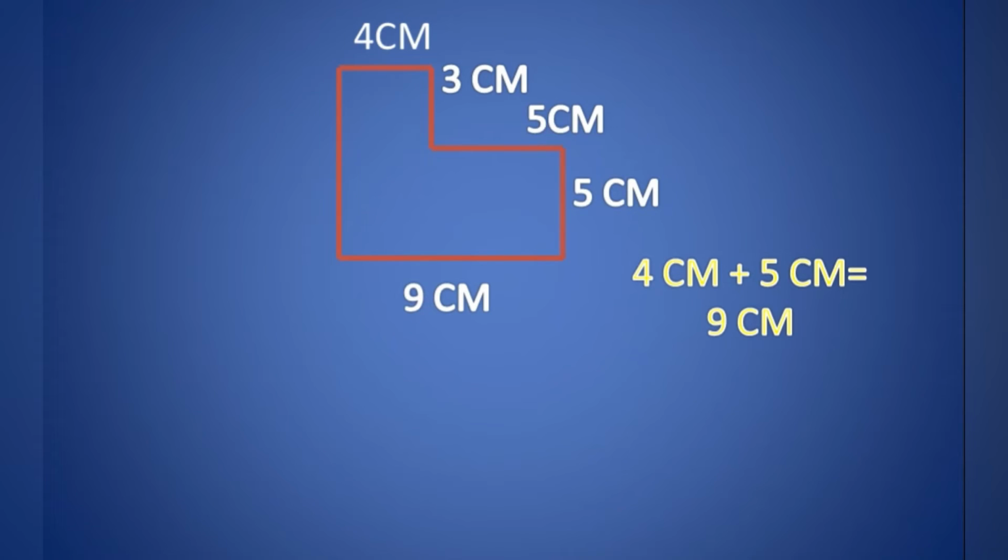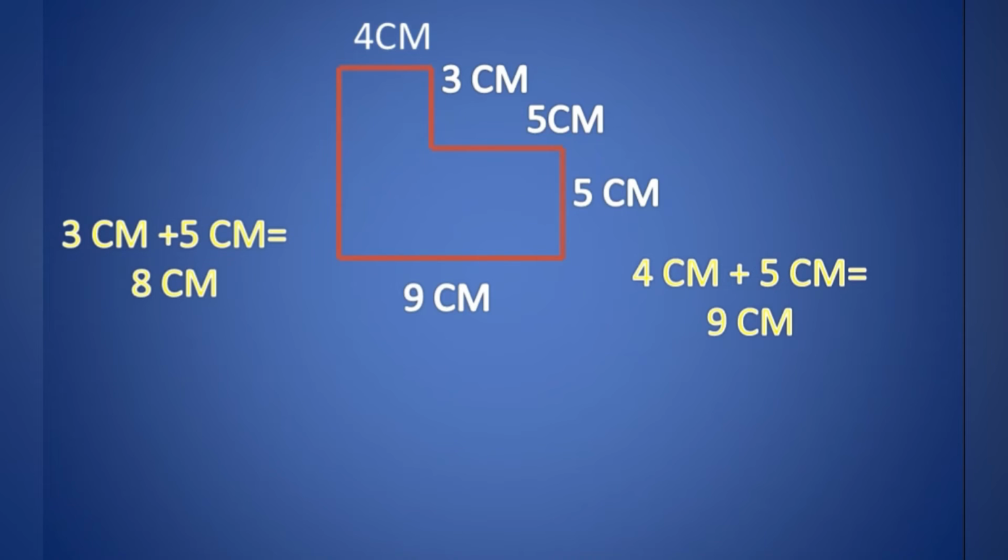To find the side length, we were given two vertical sides that we know the length of. When you put those two sides together, it is the same length as the unknown length. So 3 centimeter and 5 centimeter put together is the same measurement as the unknown length. Therefore, 3 centimeter plus 5 centimeter give us a total of 8 centimeter.